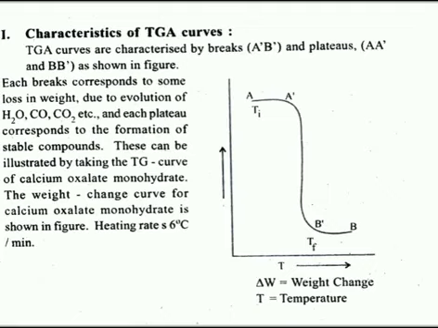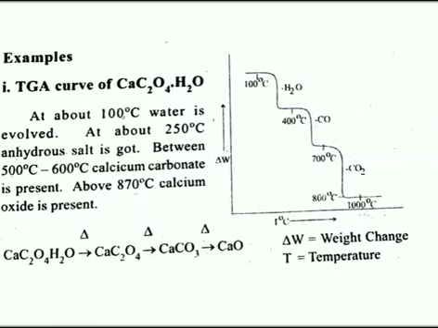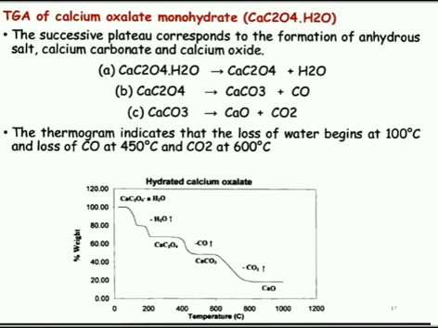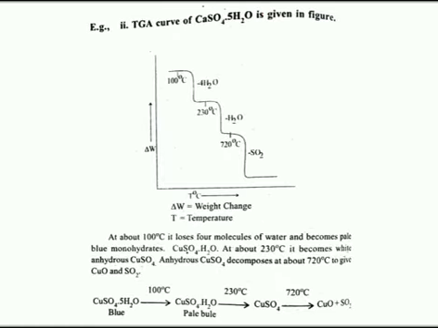These are the things we have discussed: the characteristics of TGA curves, using the examples of calcium oxalate monohydrate and copper sulfate pentahydrate.